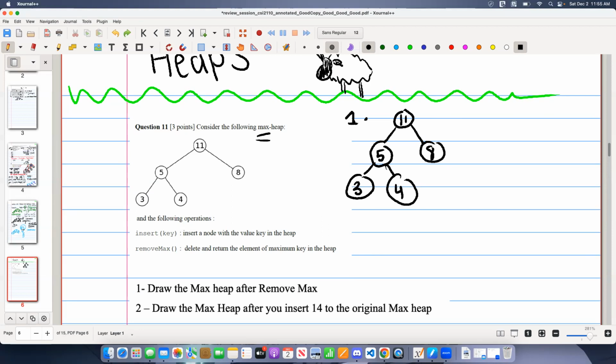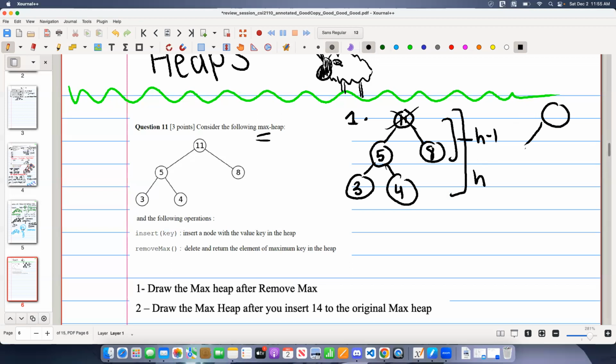Whenever you remove 11, you take from the leaves of the last level. Let's say this is H; you take the leaf from after H minus 1. I'll just write it out, it's probably clearer than my example.